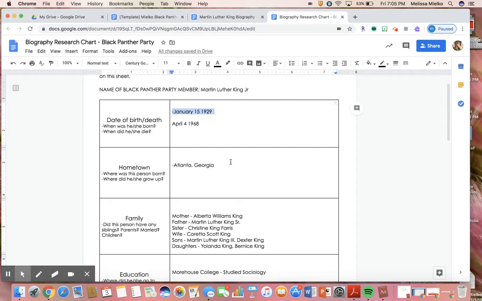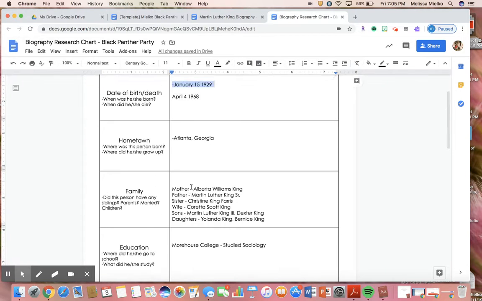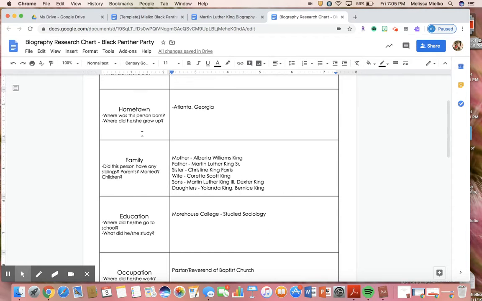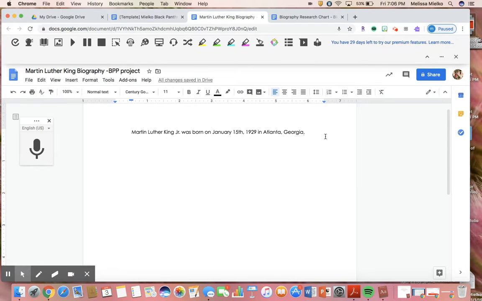Next, I want to take a look at his family because I already did his date of birth. I want to save his date of death for the end. I did his hometown, and I'm going to talk a little bit about his family. So as you see, I have a list of his mother, his father, his sister, his wife, his sons, his daughters. Okay, right now I'm just focusing on the beginning of his life. So I really am going to take the information about his mother and his father, and I'm going to create this into a nice full sentence, and I'm going to add a little bit more detail.